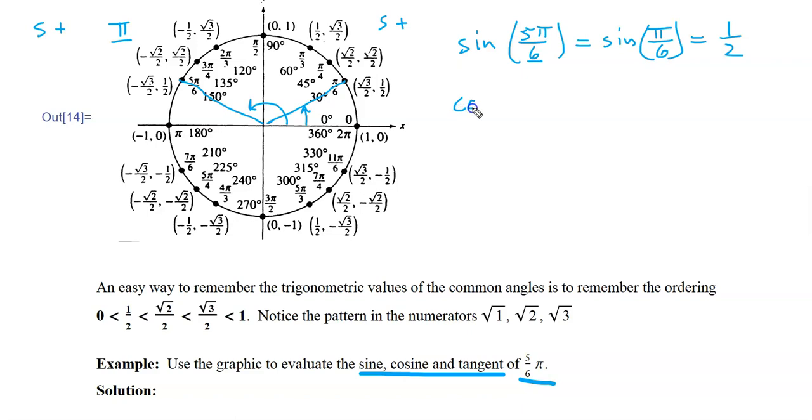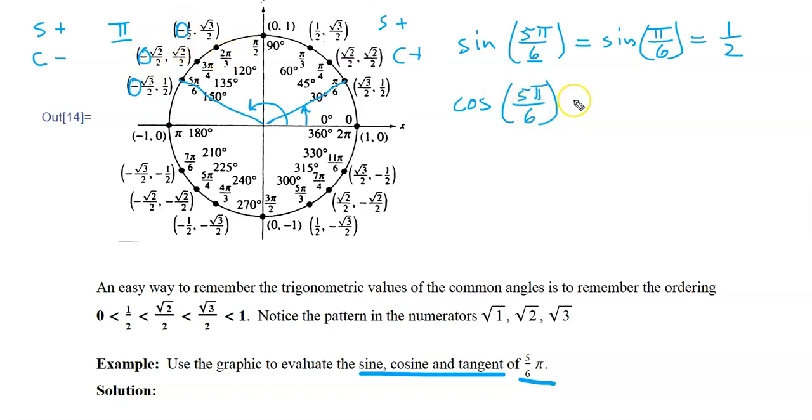Now the cosine of 5 pi over 6, well, the 5 pi over 6 is in the second quadrant again, and this is going to be similar to the angle pi over 6 in the first quadrant. However, now you have to remember that the cosine is positive in the first quadrant, but it's actually negative in the second quadrant, because the x values here, notice how they are negative.